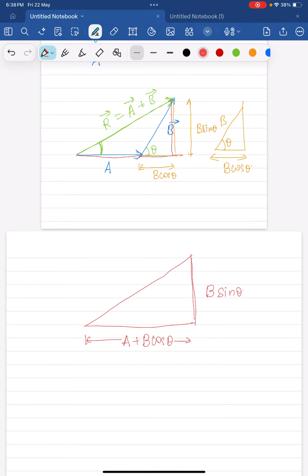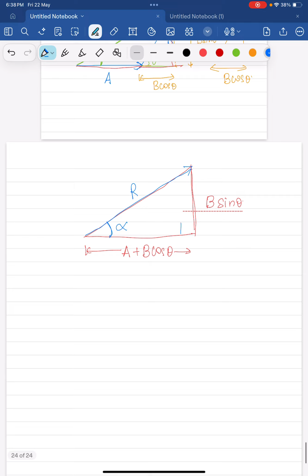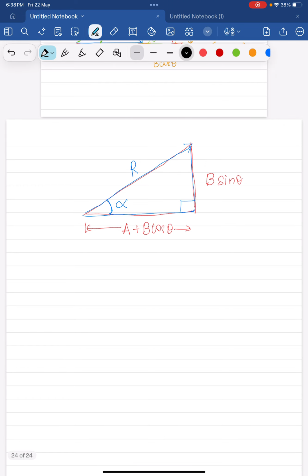To calculate the resultant vector, we will find the length of this arrow and the direction, that is, this angle alpha. This is a right angle triangle in which the length of the base is A plus B cos theta and the length of the perpendicular is B sin theta. First we have to find the hypotenuse.